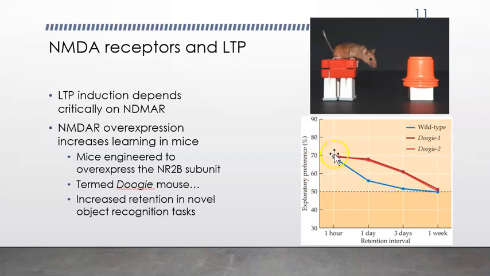And what we see is that our two Doogie mice, so you can't see, but there's two lines here, they're just overlapped. They are remembering things for longer, whereas the wild-type mouse is able to remember things but kind of loses it more quickly. Okay, so the memory and learning is quicker in these Doogie mice.